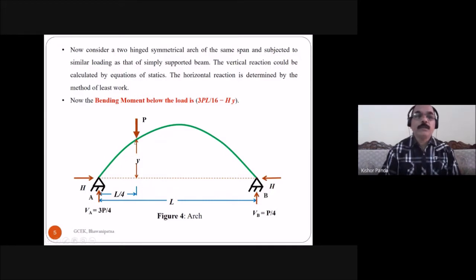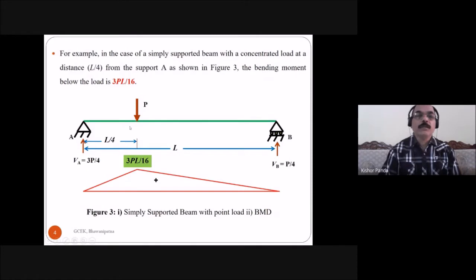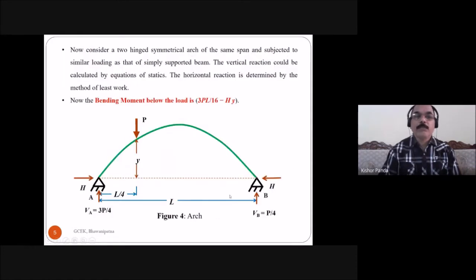The load is present at a distance L by 4 from the support A, in the beam also and in the arch, with the same span. The vertical height of the arch from the horizontal line is Y, and the load P is present at this point.